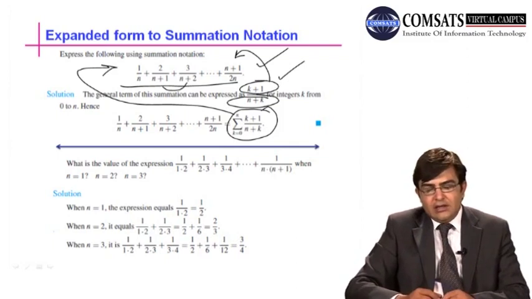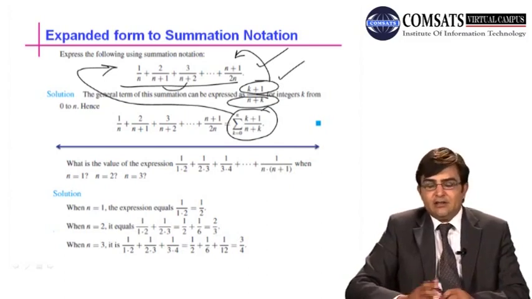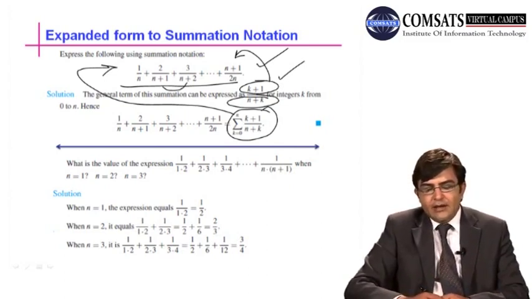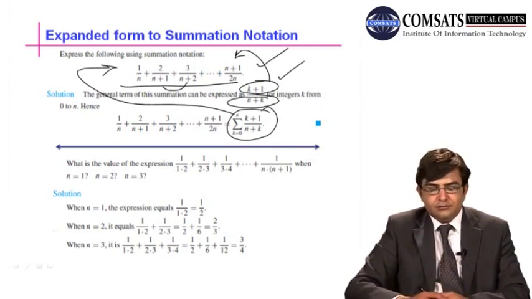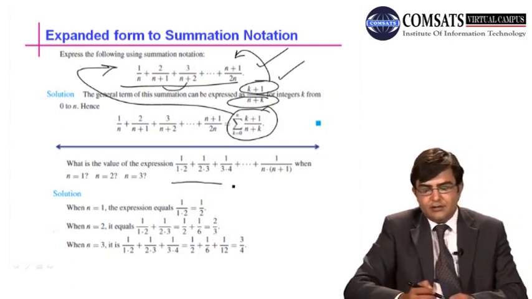This all again involves your personal observation, how you write the general term, how you decide the variation of k. It can vary also. Now we have to write this expression into the summation notation.